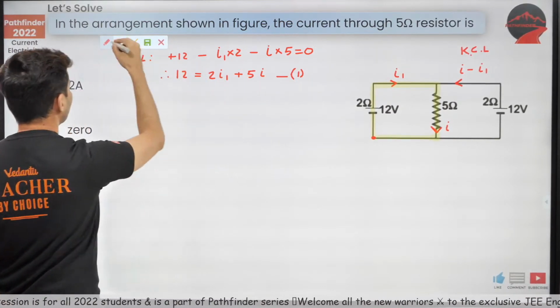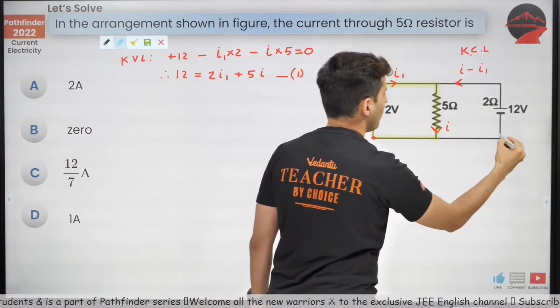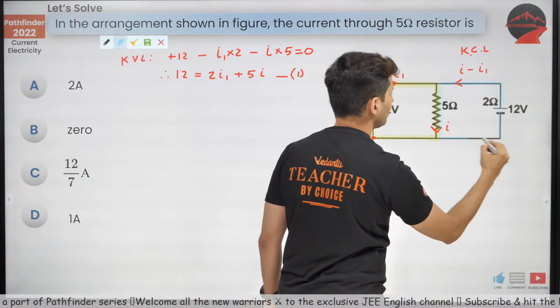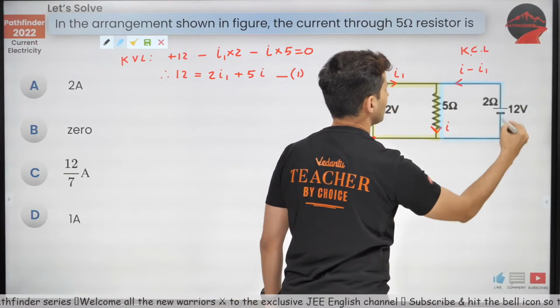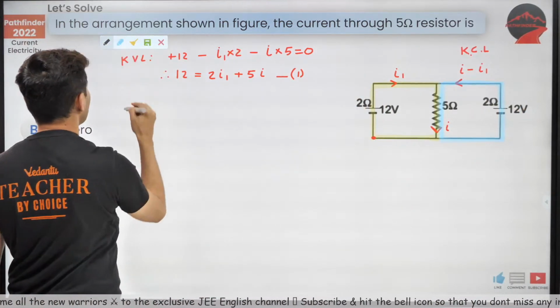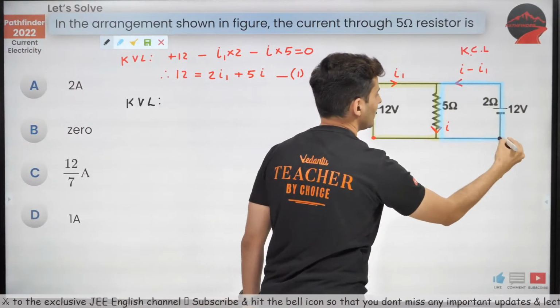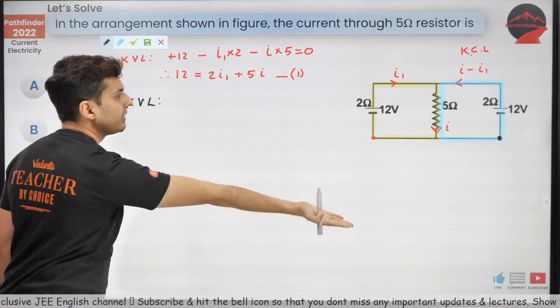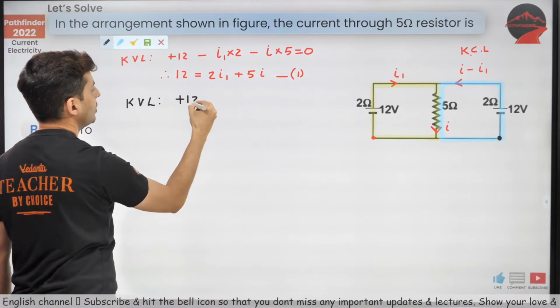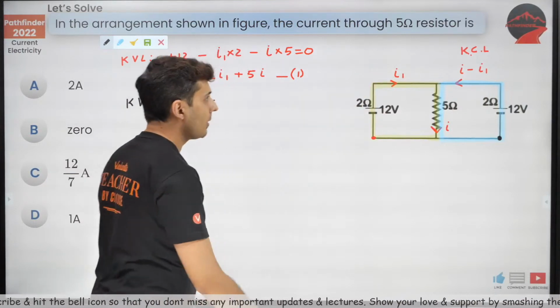That's equation number 1. Now I can take one more loop, maybe this one over here. How about going across this loop once. Again using Kirchhoff's voltage law, let's say I start from this point. There is a battery going from low to high, so plus 12 minus IR, resistance will create a drop.